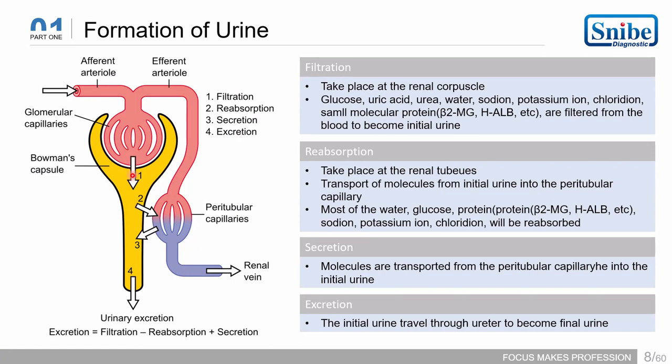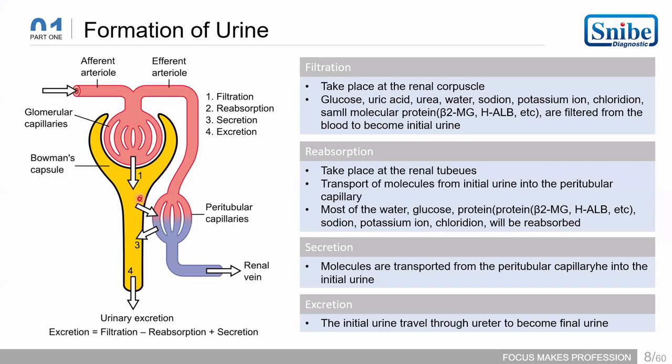The first filtration process occurs in the area of the Bowman capsule, at the renal corpuscle. Glucose, uric acid, urea, water, sodium, potassium, chloride, and small molecules like protein, beta-2 microglobulin, or albumin are filtered from the blood to become initial urine.